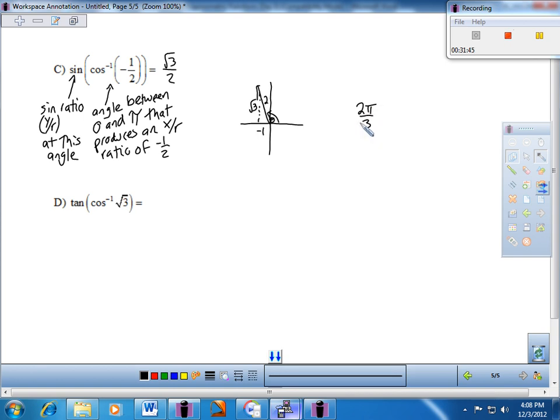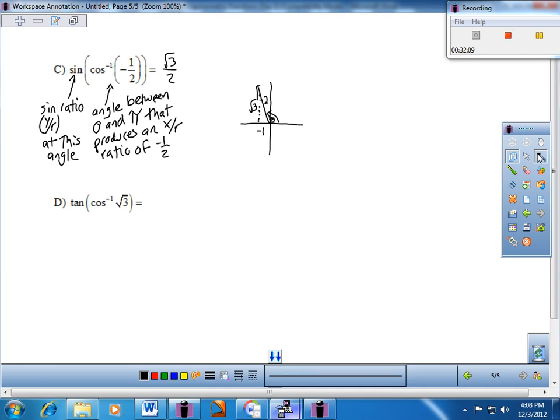It's the angle in the second quadrant that has that special cosine ratio, excuse me. Then, of course, what I would be doing is taking the sine of 2 pi over 3, and we know the sine of 2 pi over 3 from the unit circle and some others. It's √3/2, and there's your final answer. So again, it just matches up pretty much with what we already know. In this case, the special angles worked out nicely.